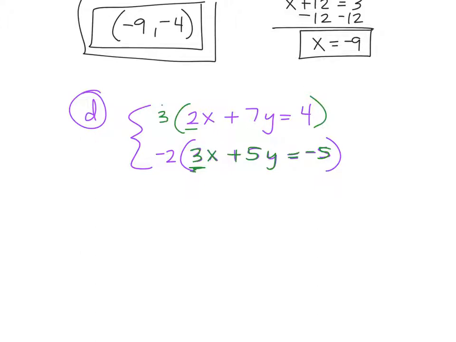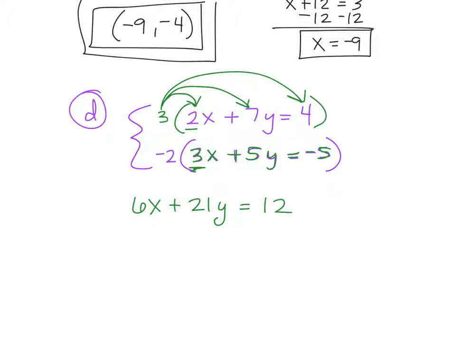So what you're gonna get here, I'm gonna start with this top one. 3 times 2x is 6x. 3 times 7y is 21y. And then 3 times 4. Make sure you multiply by the constant, okay? It always gets forgotten. I don't know why, but it just does. I think the equal sign throws people off. Multiply by all 3 of them. That's 12, okay?